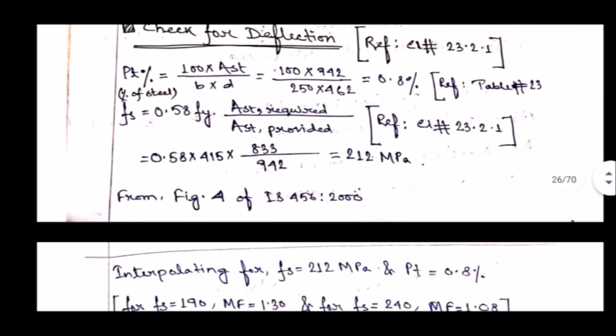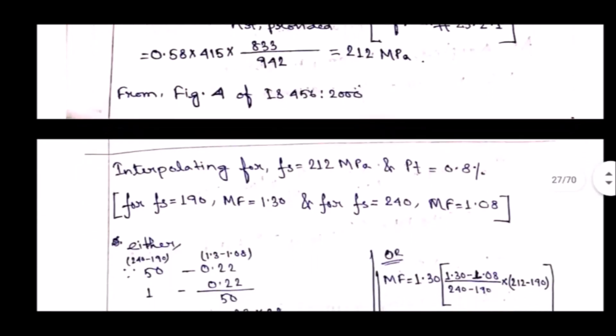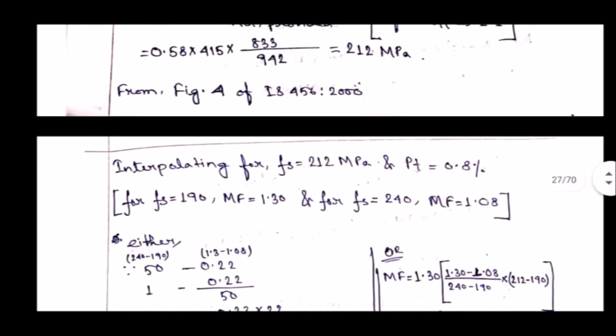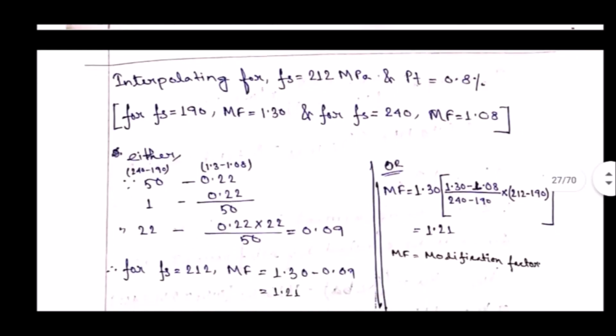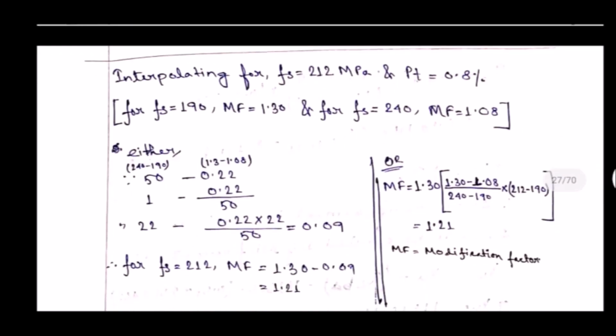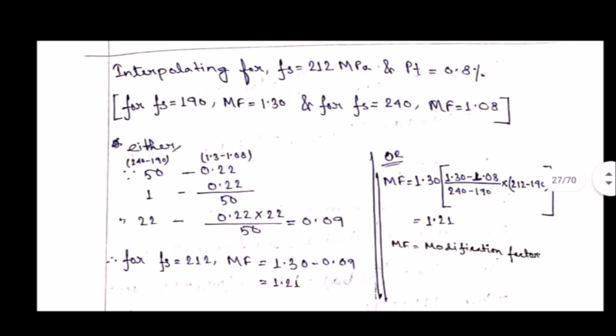So from figure 4 of IS 456-2000, we have to find out the value of modification factor with the help of the graph and with the help of interpolation method. So for Fs equal to 212 MPa and percentage of steel 0.8, we have to find out the value.